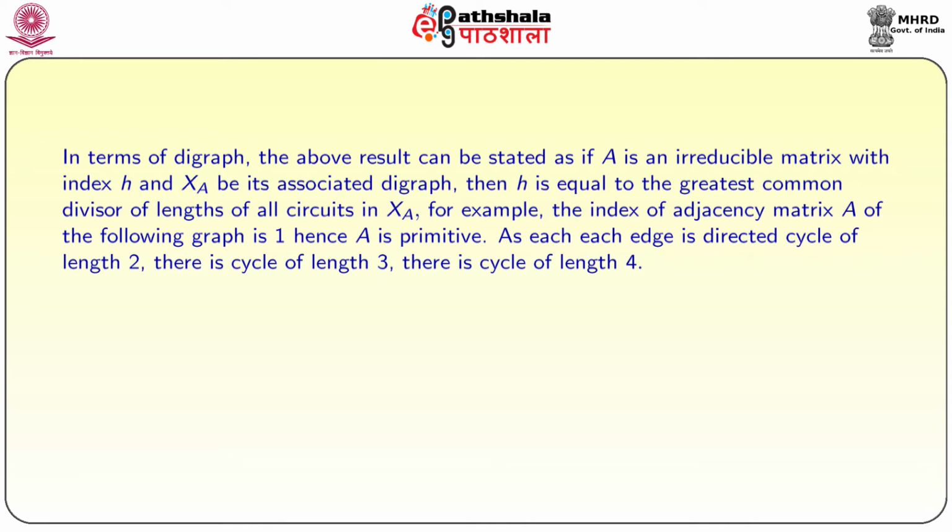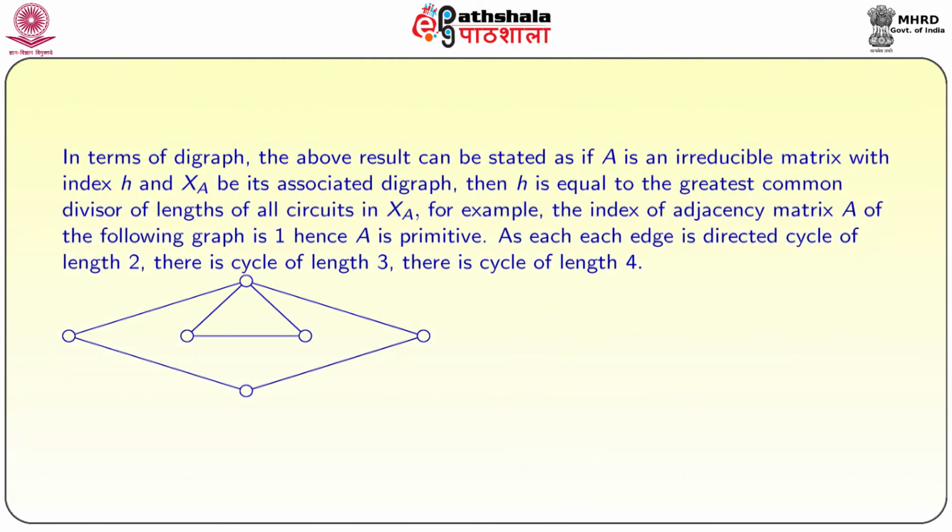As each edge is a directed cycle of length 2, there is a cycle of length 3, there is a cycle of length 4 as well. That is why the adjacency matrix of the following graph is a primitive matrix. So, we provided an example of a primitive matrix.